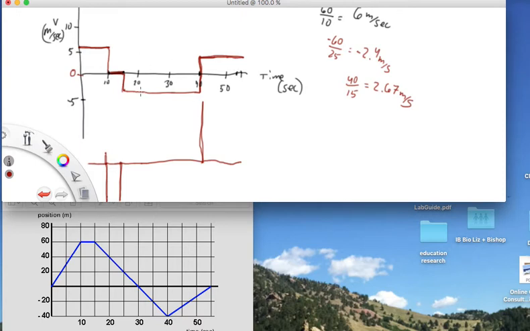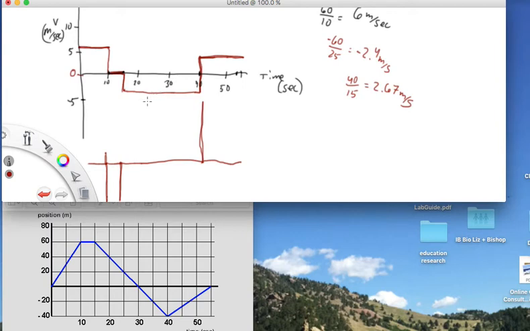Normally what happens is we give you a velocity versus time graph, and we say from here, draw an acceleration versus time graph, in which you do exactly the same procedure I just did with the position and the velocity graph. Namely, you would just find the slope of a velocity versus time graph, and you would report that as your acceleration versus time graph.